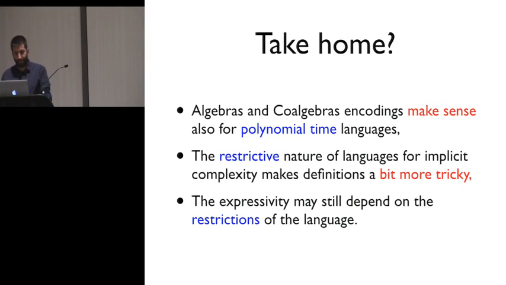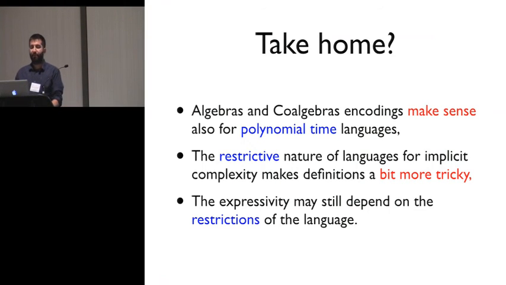The other interesting observation is that the restrictive nature of this language forces us to have a more ugly encoding. So we need to tweak with this paragraph and bang everywhere in the types. So this is the price we need to pay for it.